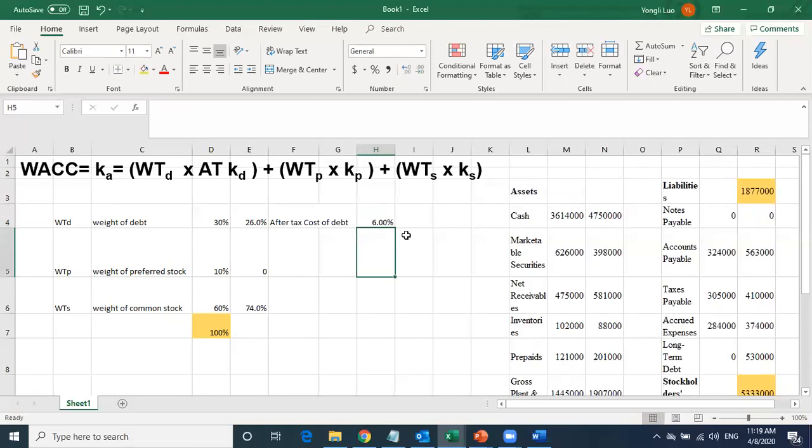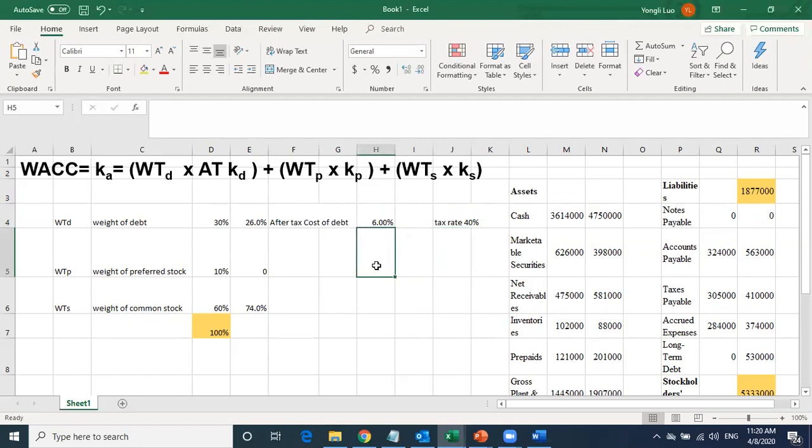Okay, so the tax rate is 40%. You need to get the after-tax cost of the debt.